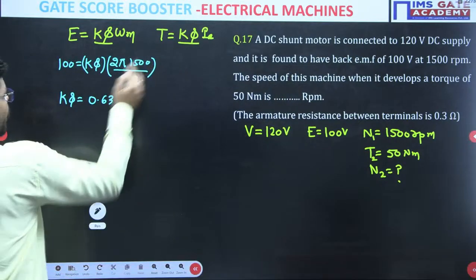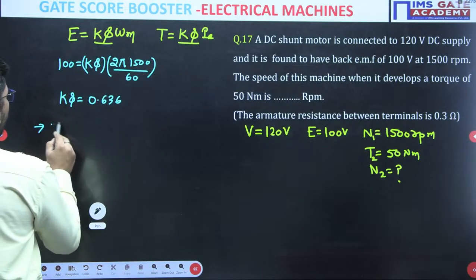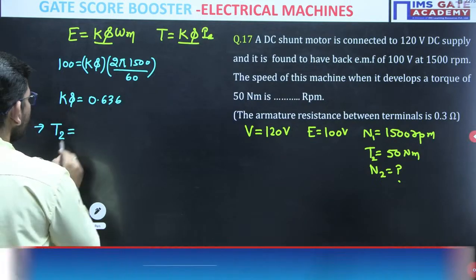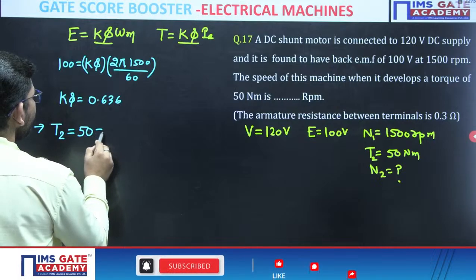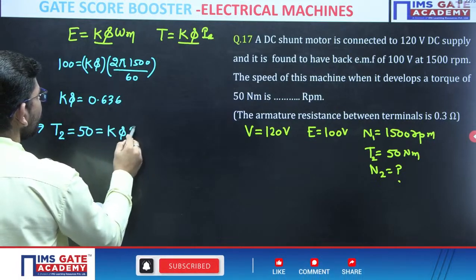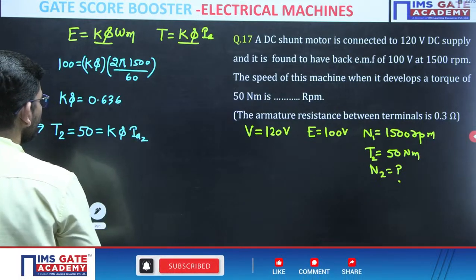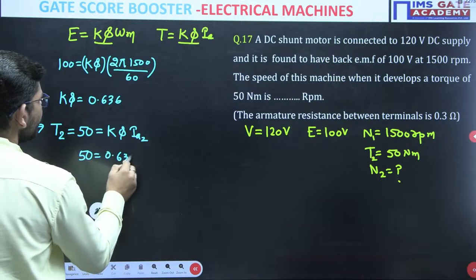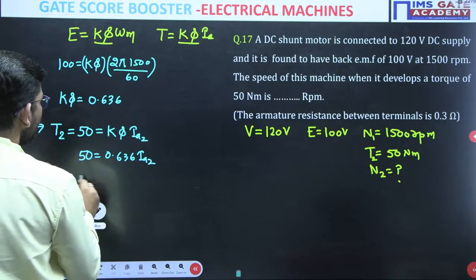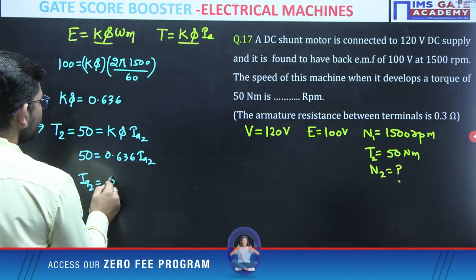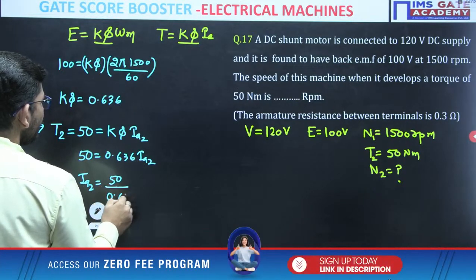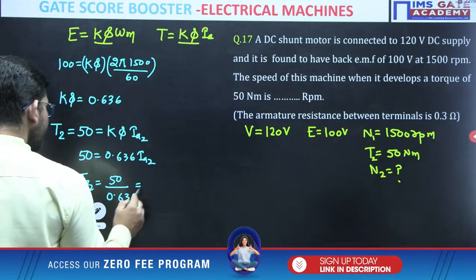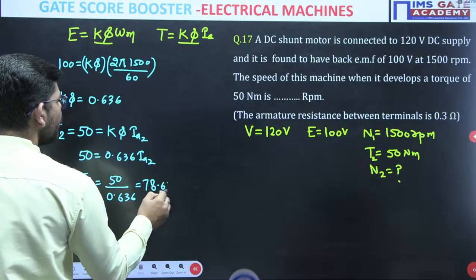Now apply this one. In the second case, T2 is 50 Newton meter, and T2 can be written as K phi IA2. So it is 50, K phi is 0.636, and IA2 is 50 upon 0.636, which comes to 78.61 amperes.